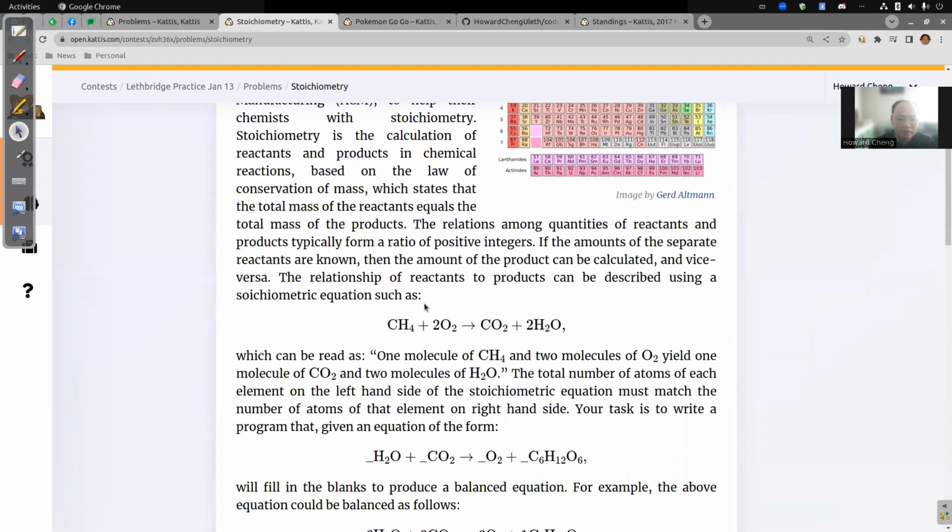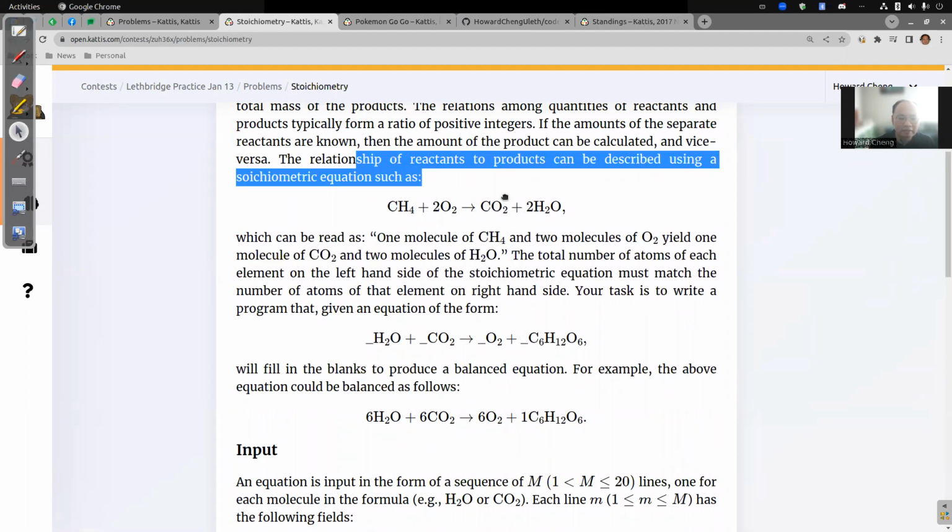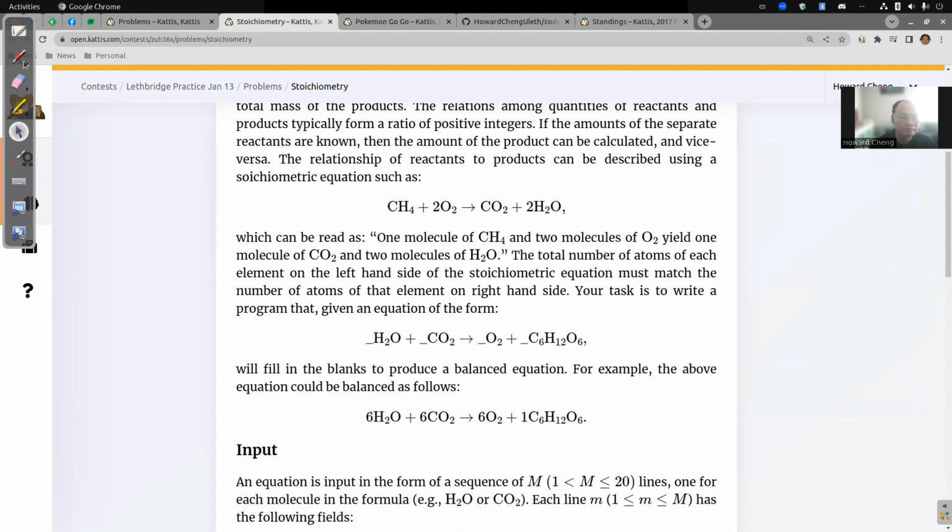For example, it says that there can be a chemical reaction like this: CH4 + 2O2 gives CO2 + 2H2O, and in front of it there are these coefficients. So 1 of CH4 and 2 of O2 will give you 1 CO2 and 2 H2O.